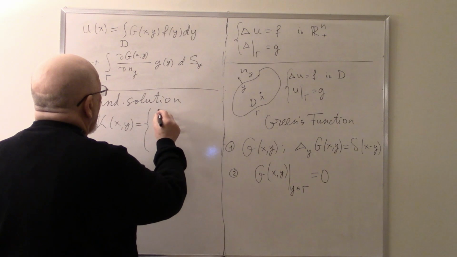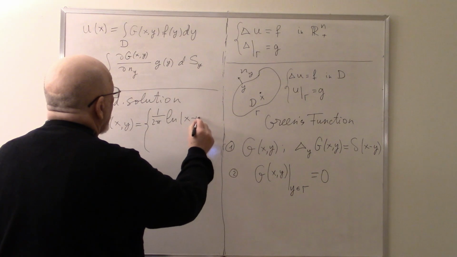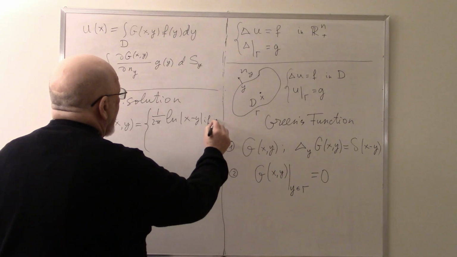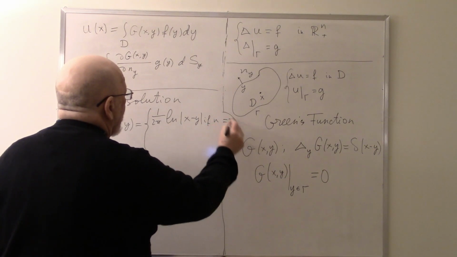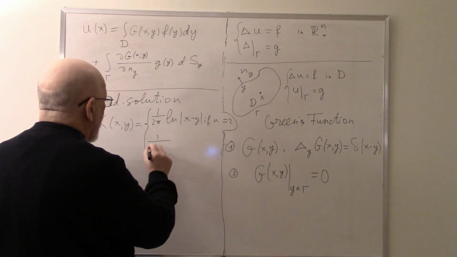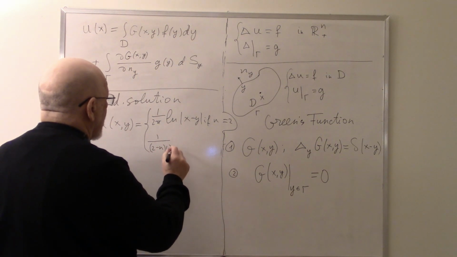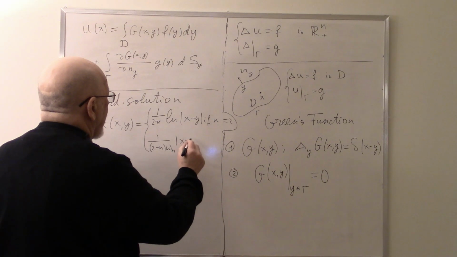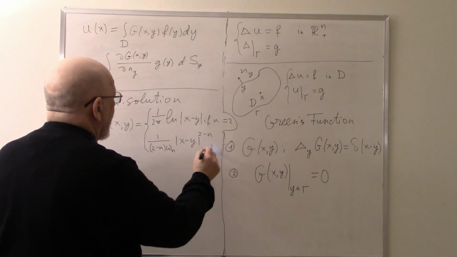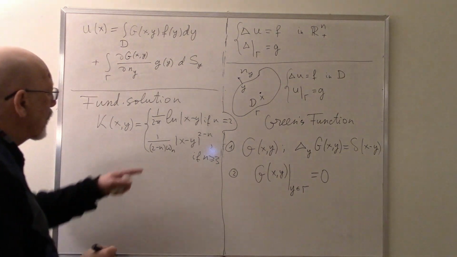It is 1 over 2 pi logarithm of modulus x minus y if n equals 2. And it is 1 over 2 minus n omega n modulus x minus y to the power 2 minus n if n is more or equal than 3. So what is omega n?